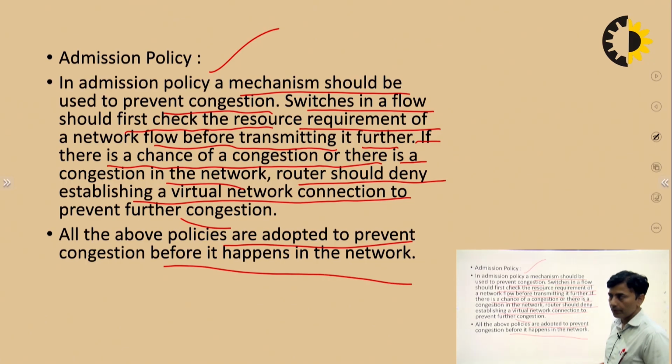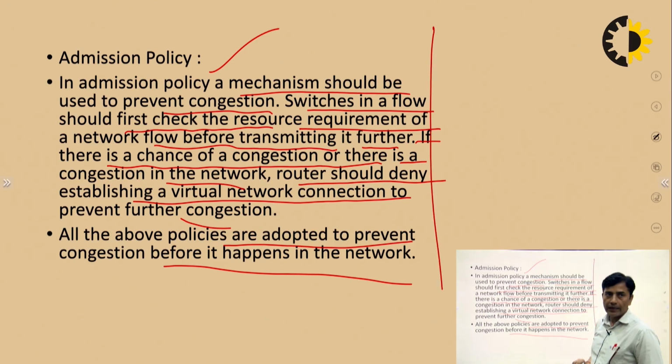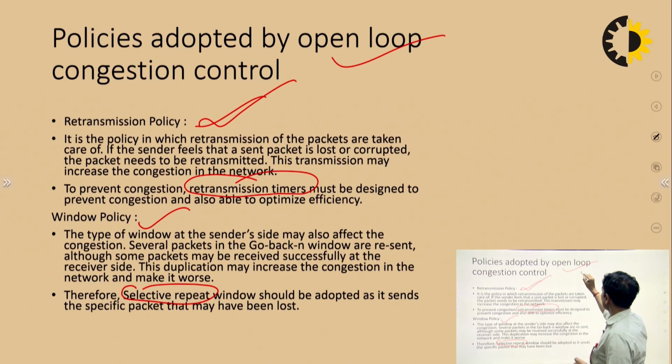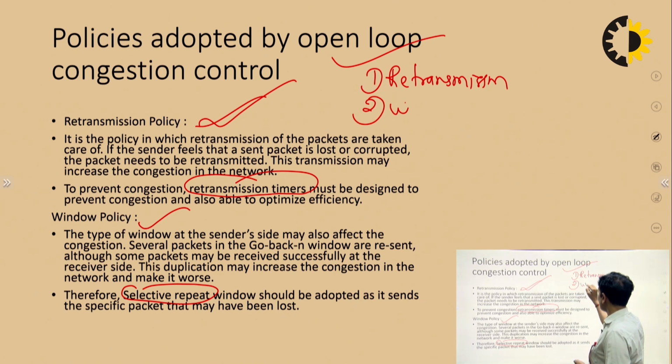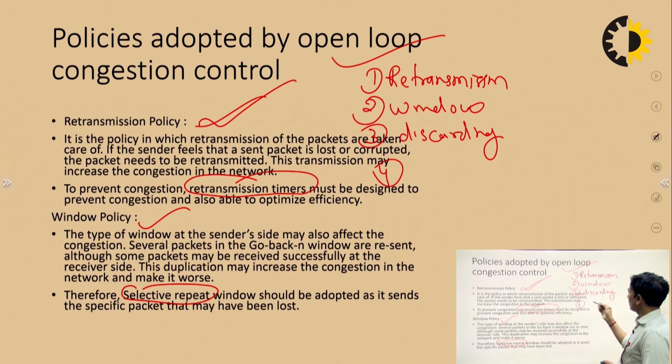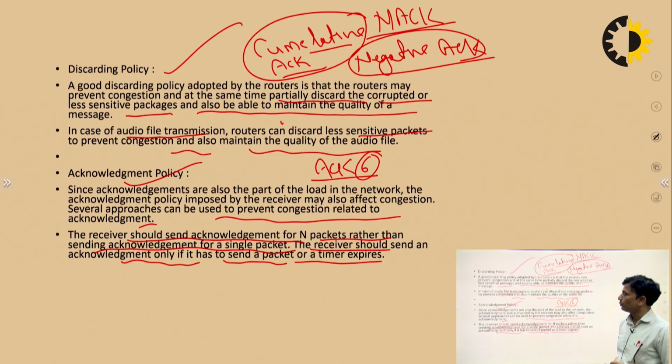So what we have studied here are a number of open loop policies: retransmission policy, window policy, discarding policy, admission policy, and acknowledgement policy. These are the policies that can be used to avoid or prevent congestion.